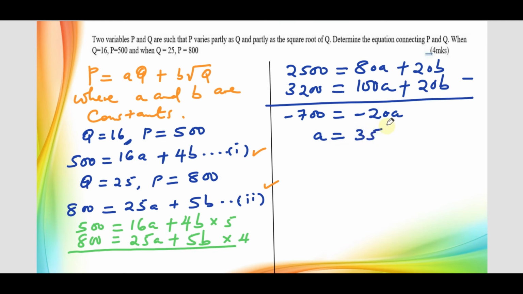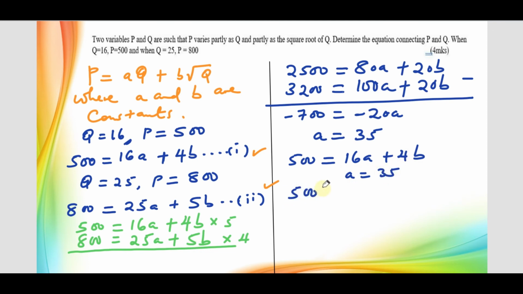Now to get b, we need to substitute. We can substitute in any of these equations. So we can pick one of the equations here, like 500 is equal to 16a plus 4b. Then we know that a is equal to 35.